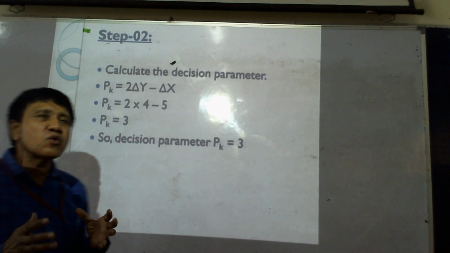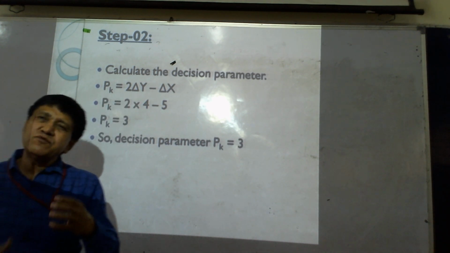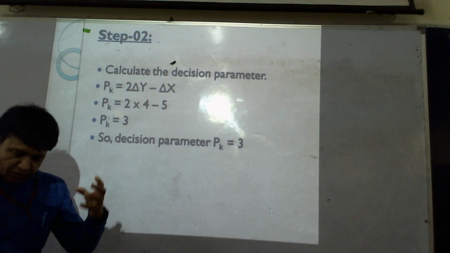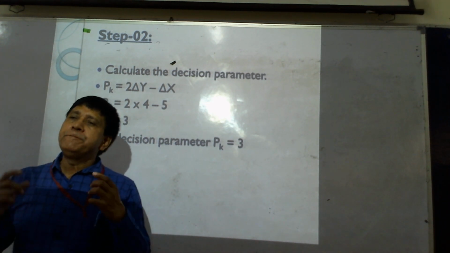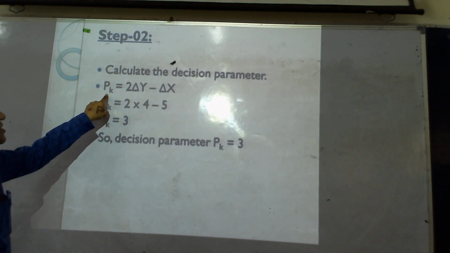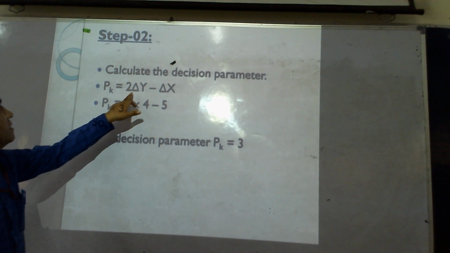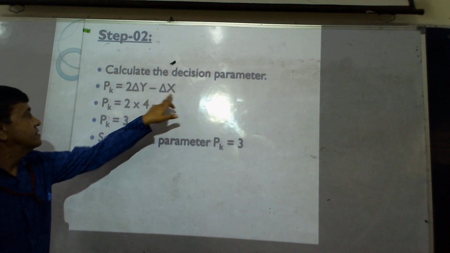Now we have to calculate this parameter, because on the basis of this parameter we decide between two cases to calculate the next pixel coordinates. This is the equation for calculating the distance parameter: p0 equals 2 delta y minus delta x.